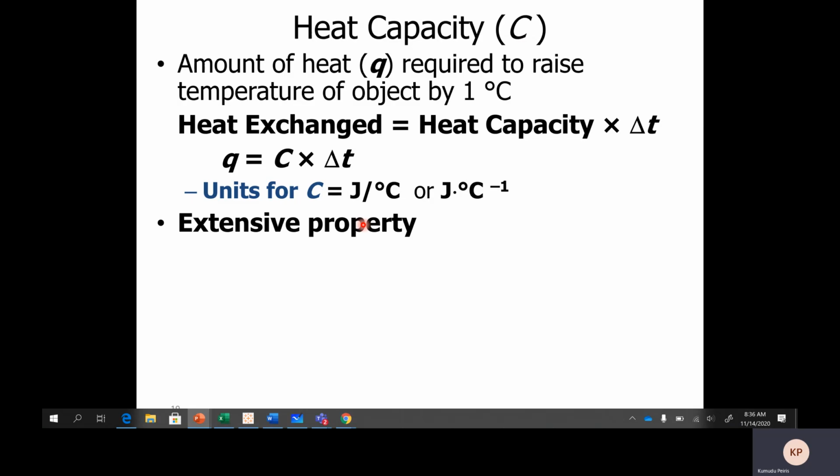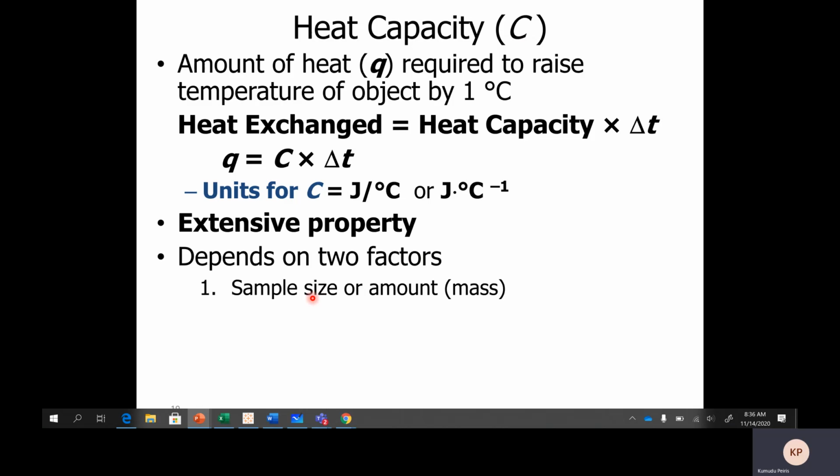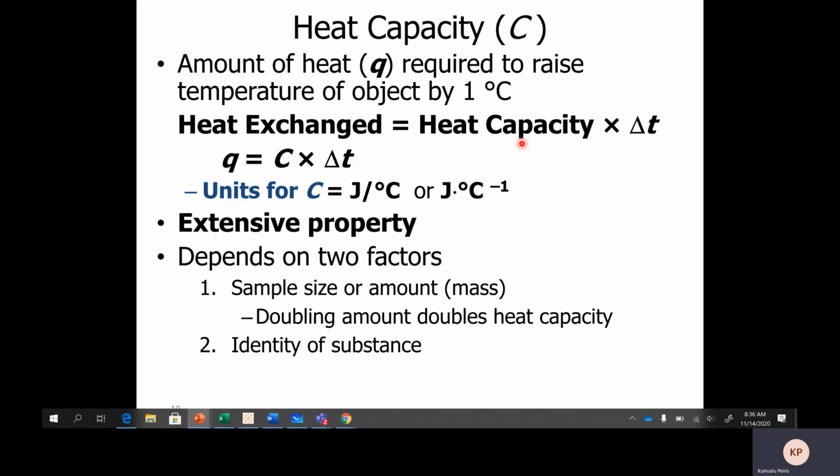And let's learn a little bit about this heat capacity. The heat capacity is an extensive property. What does it mean? It depends on two factors. It depends on the sample size or the amount. When we change the amount of the object, the heat capacity will also change. And it depends on the identity of the substance.